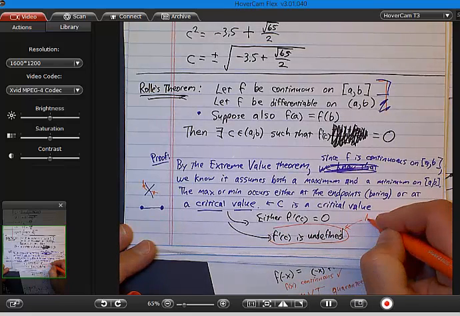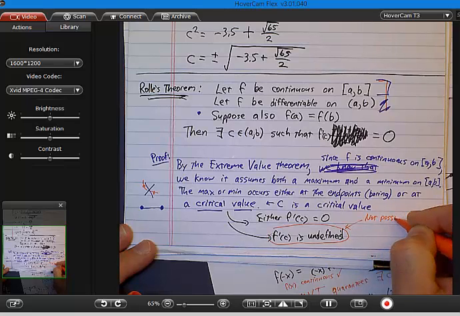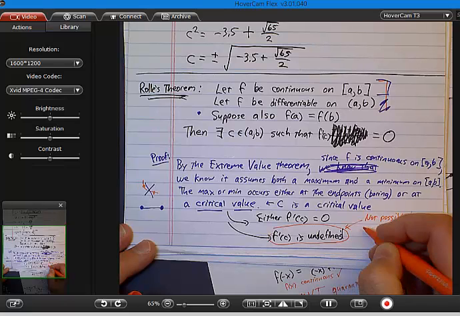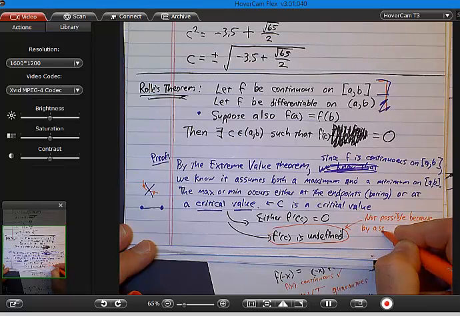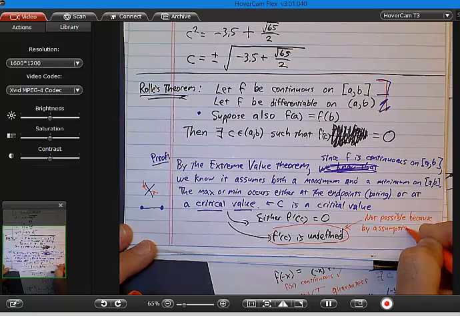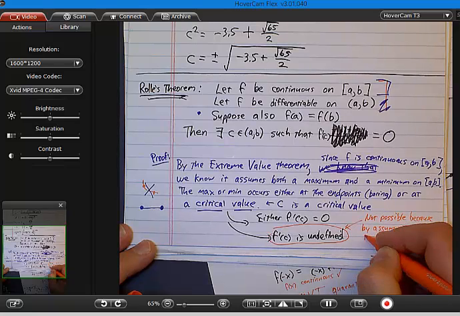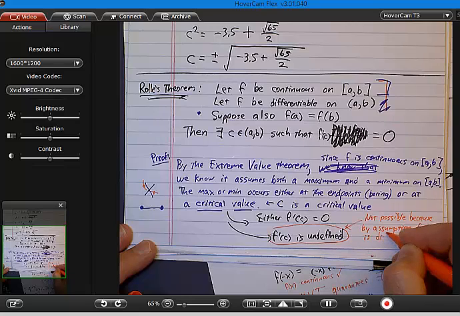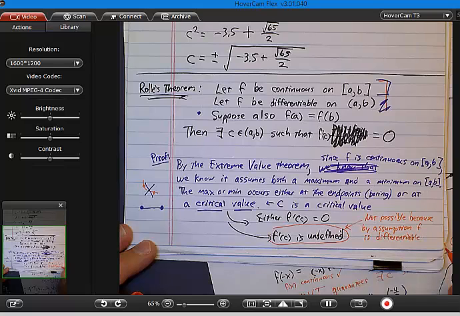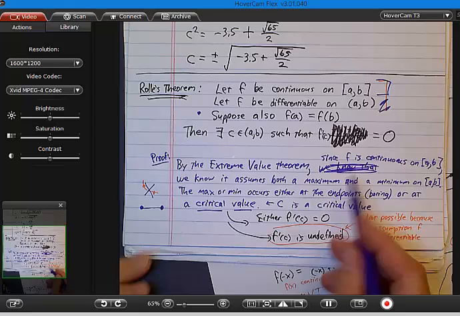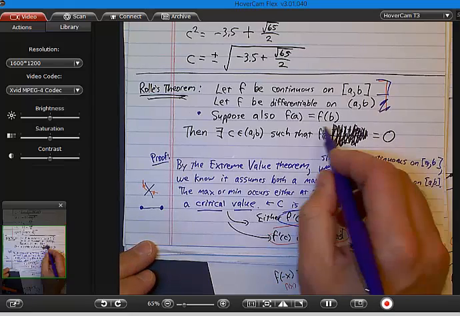This is not possible because by assumption, what was the second assumption we made? F is differentiable. It kind of shows why you need differentiable. You got to make sure you don't have an undefined critical value. And so what this proves then is that, in fact, f prime of C equals 0, which is what I wanted to prove.